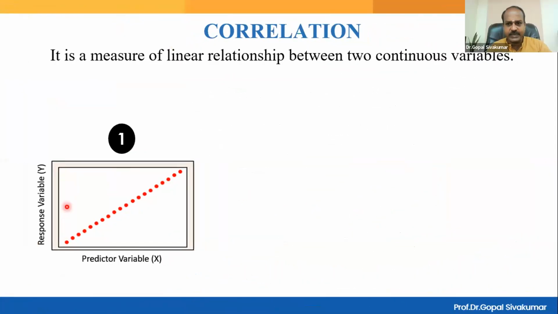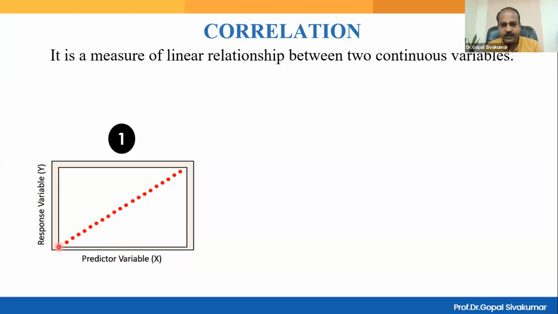What is a scatter diagram? It is a graph showing the relationship between two continuous variables. One is the X variable, which we call the predictor variable. The other is the Y variable, which we call the response variable. Always the response variable should be the Y variable. The output should be Y, and the input should be X.